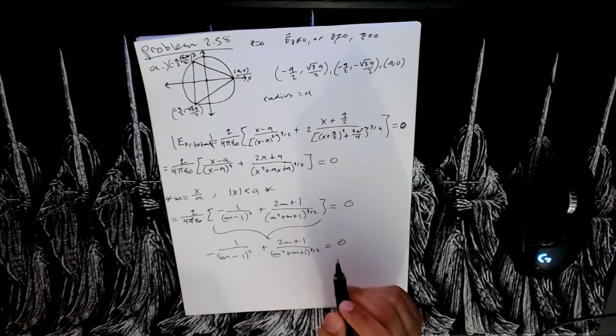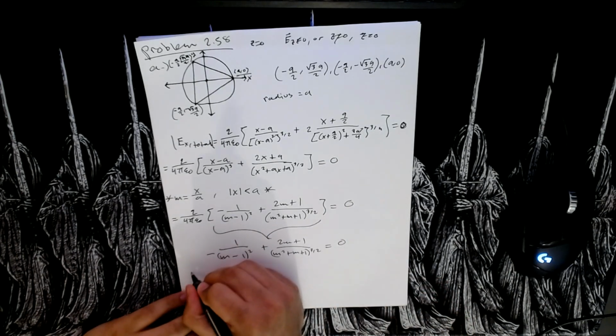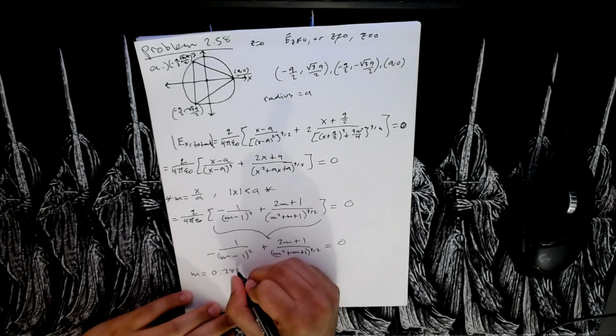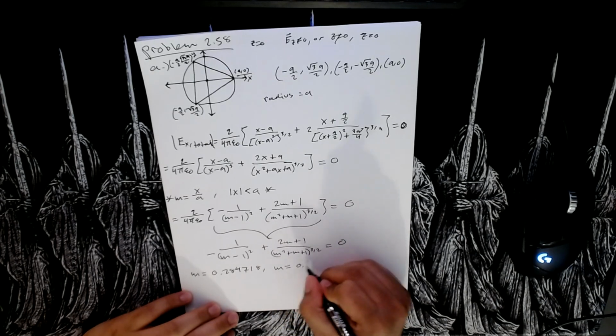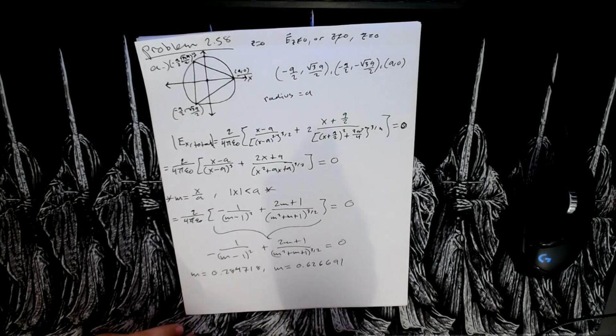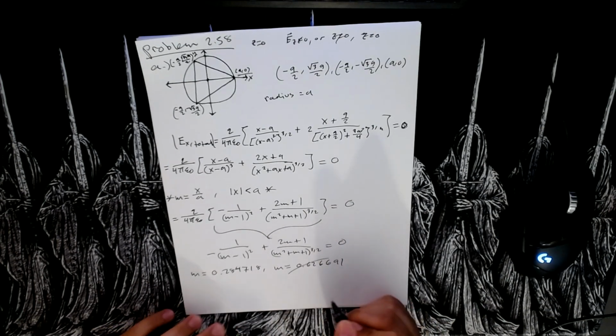The two remaining solutions are m equals 0.284718 and m equals 0.626691. The latter is going to be outside of your triangle, so that's not going to be it.